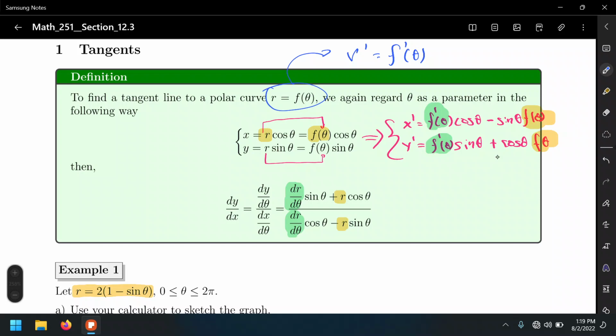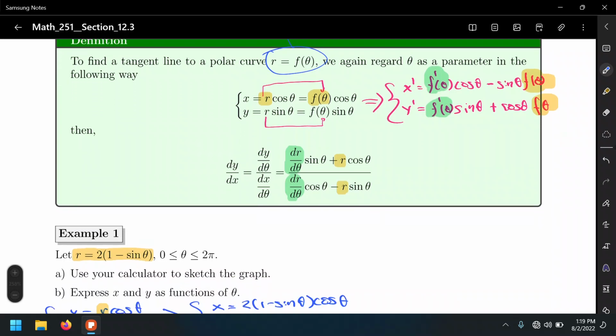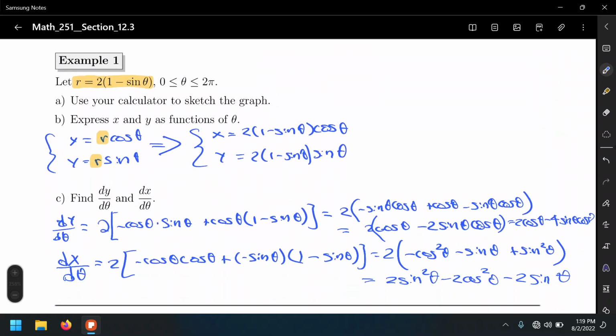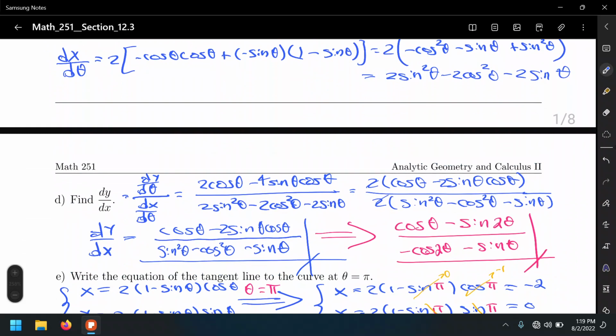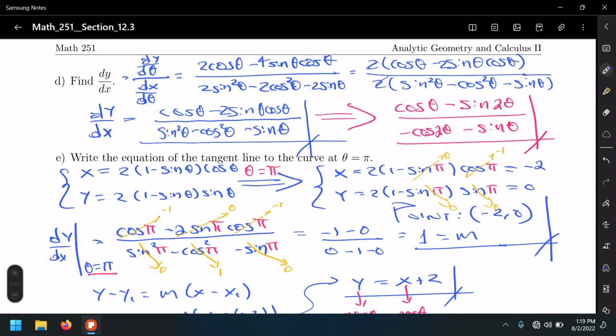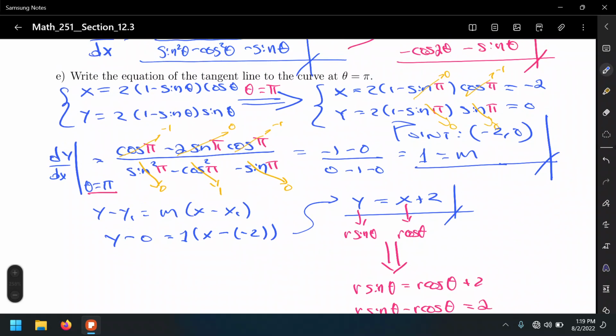And well, we did the derivation here, which ultimately led to a very simple result, so nothing really crazy. We did an example of how to find the derivatives in the same way as we did the differentiations for parametric form. We differentiate the x equation, we differentiate the y equation separately, and then we put it together into a single expression.